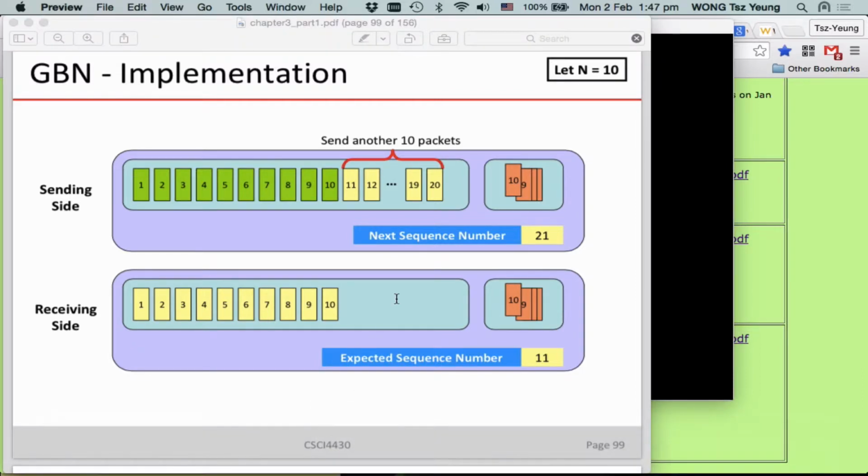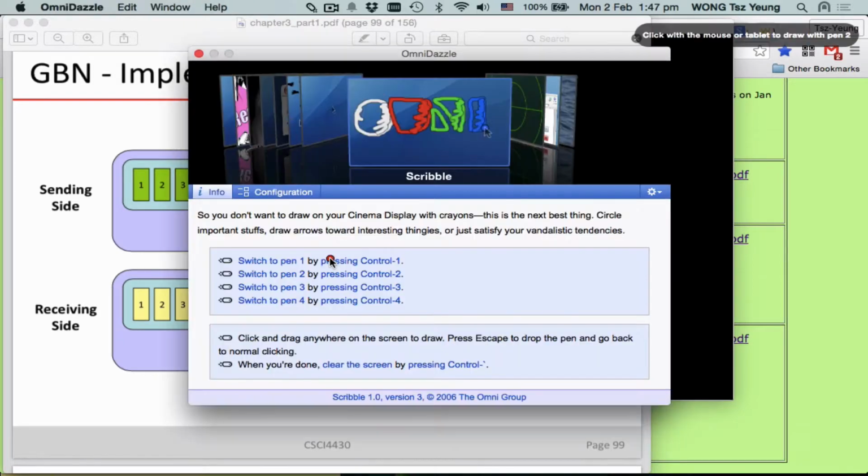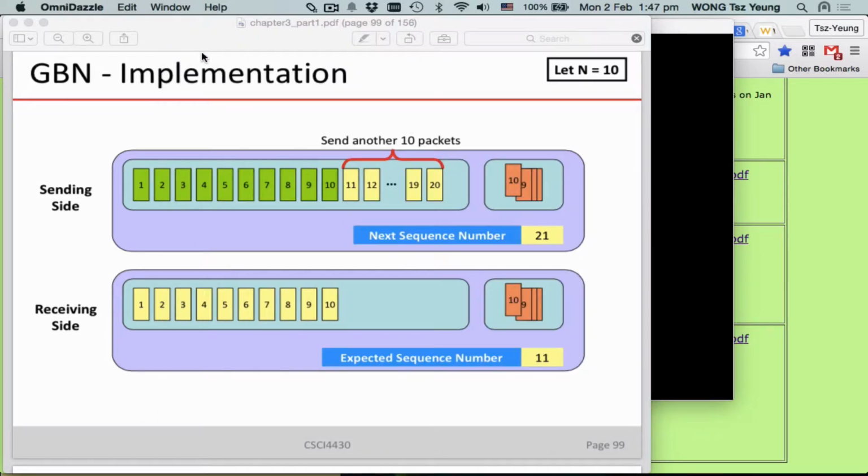Let me start this. Okay, Control 2, this pops up. So the requirement is that all these acknowledgements are gone, so I color them deep red here.